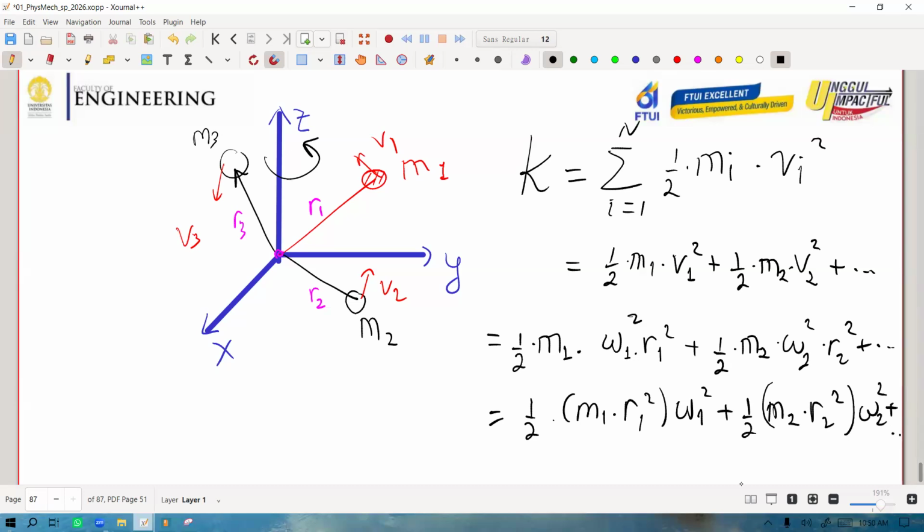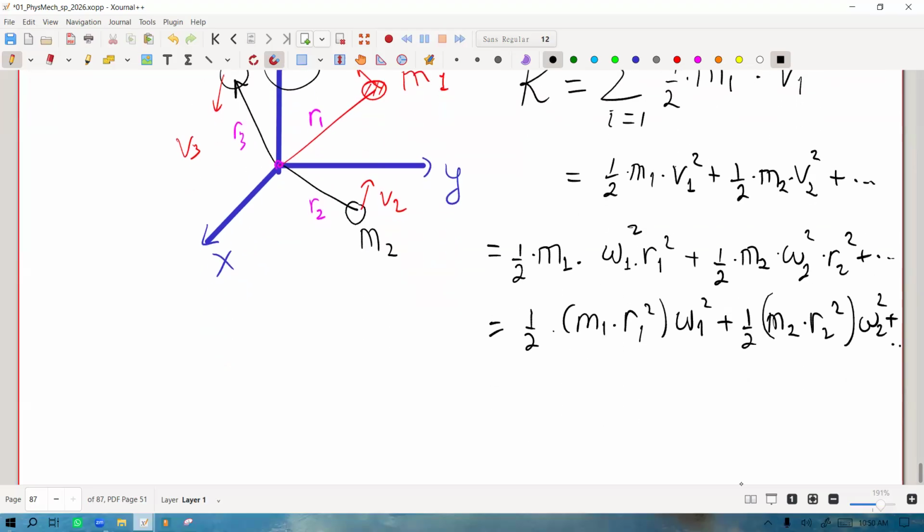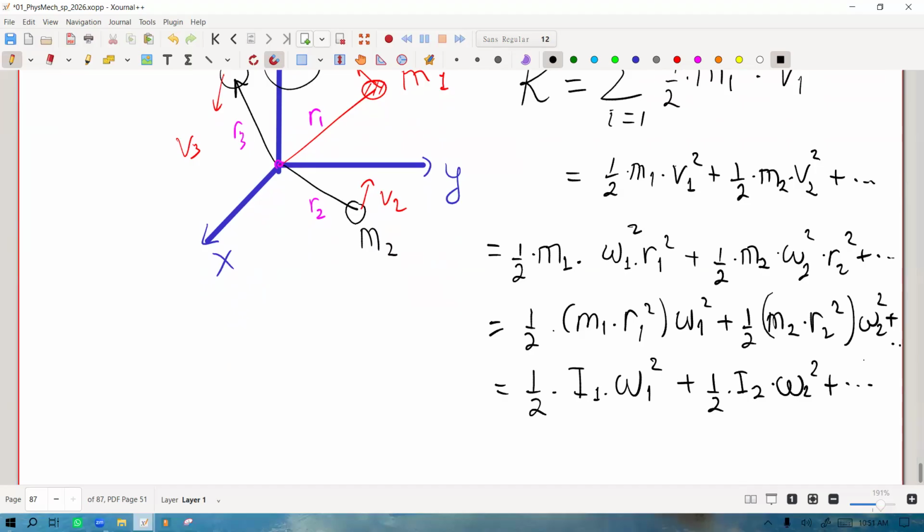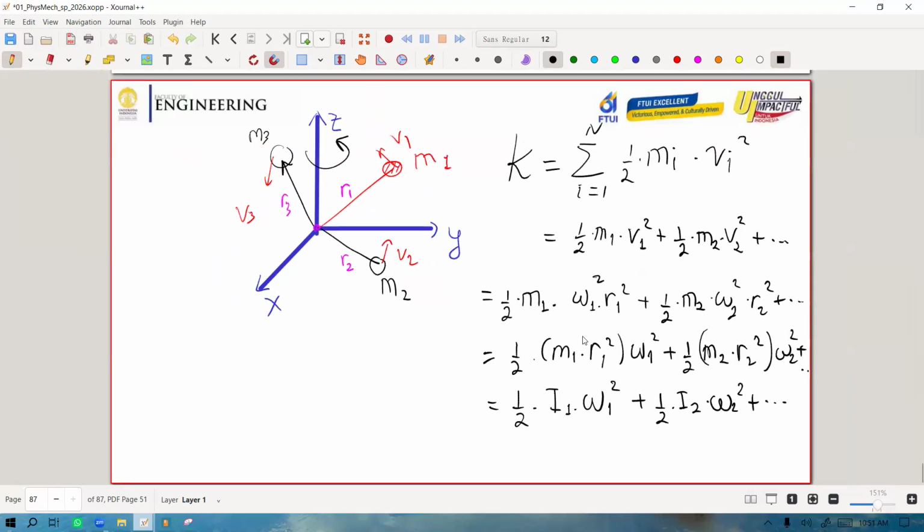So mass times r square is equal to inertia. So we can say here is half I1 omega1 square plus half I2 omega2 square. So this one is the moment of inertia.